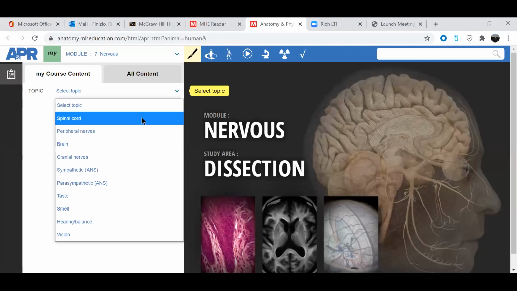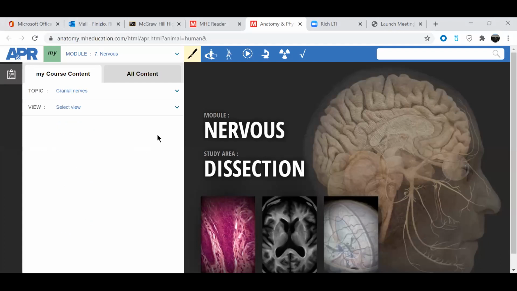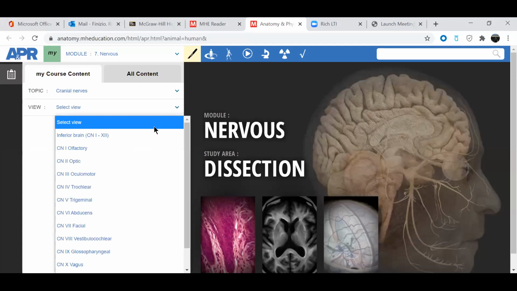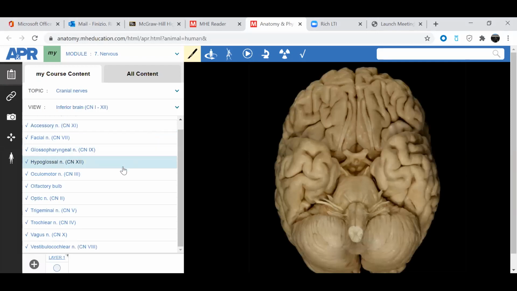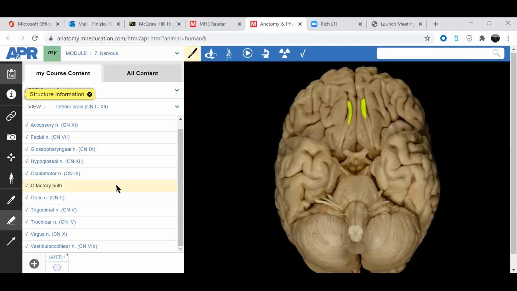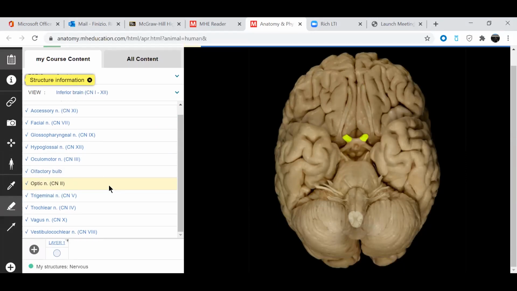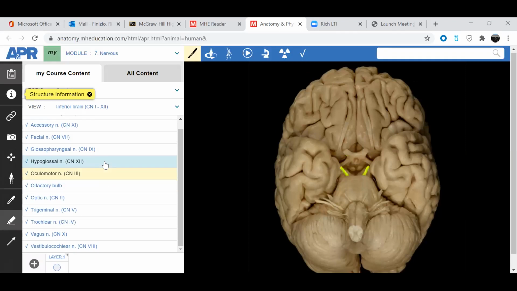And let's start with the hardest thing, the cranial nerves. And we'll look at the inferior view. And we can go through them all, if they're all here. So again, olfactory bulb, optic nerve, fairly simple because they don't come off of the brainstem. Oculomotor, right up top, the pons there.